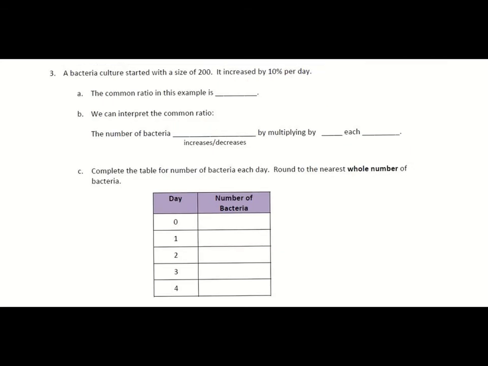On number 3, it says a culture of bacteria started with a size of 200 and increased by 10% per day. So if you're increasing by 10% per day, your common ratio is going to be 1.10, not percent. The ratio is going to be 1.10 because you're basically taking the 100% and adding on the 10%.